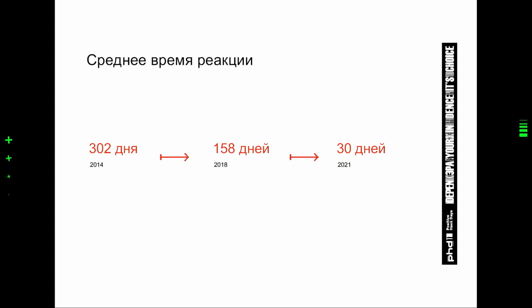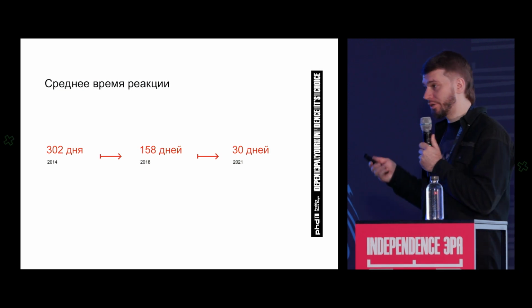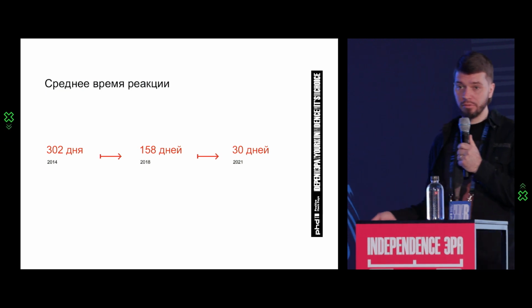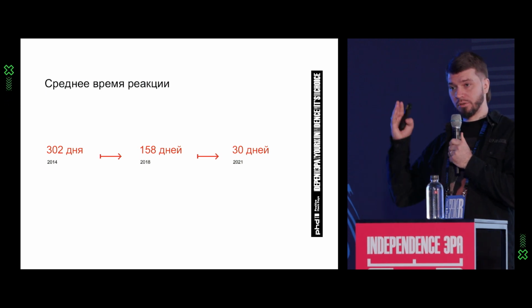And that was when we already had DevOps that allows us to make thousands of releases per day, and the DevSecOps Manifesto and all that since the year 2012. We all know that it's cool and great, but as of 2014, it takes around 300 days to respond and remediate a vulnerability.